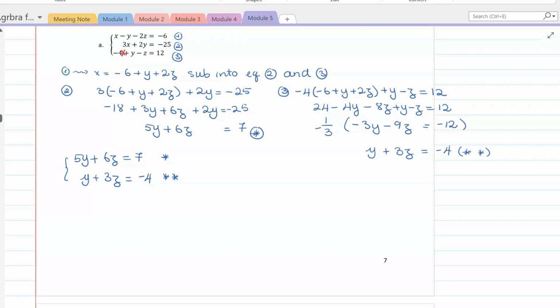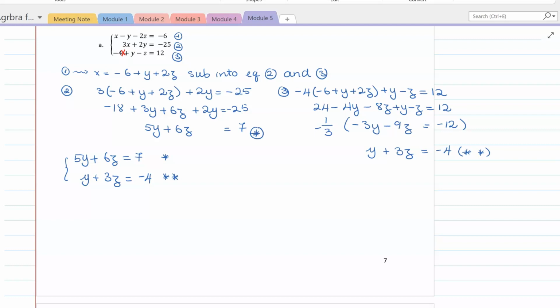Note that when you do substitution, the resulting system is a system of 2 equations with 2 unknowns, and we have the same 2 unknowns. So the first equation has y and z, the second equation has y and z.